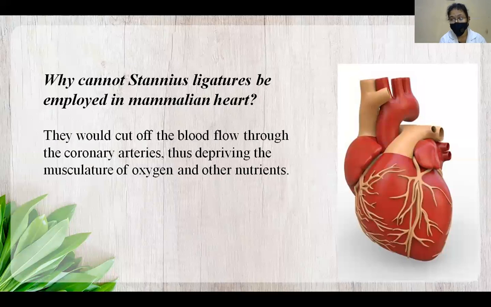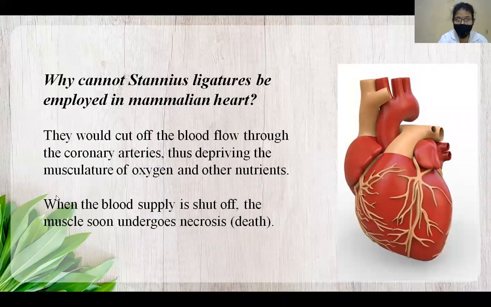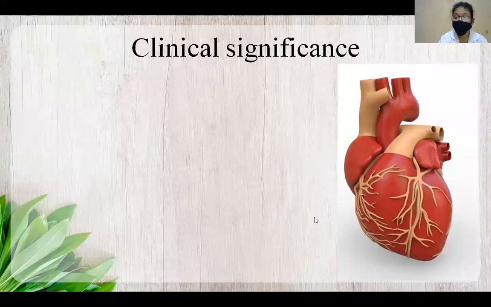So, when we tie ligatures, it is possible that we might deprive the cardiac muscle of oxygen and nutrition by cutting off the blood vessels. And if this supply is interrupted, the muscle may undergo necrosis and the heart may not remain viable for the experiment. And what is the clinical significance?